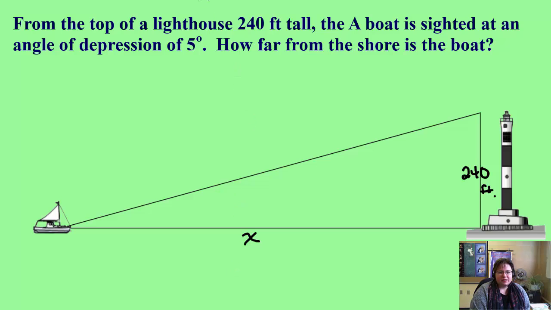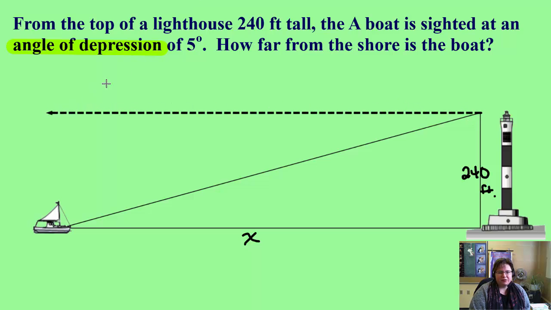Now, the key thing in this is angle of depression. An angle of depression is always measured straight out from your object. So straight out at a horizontal and looking down. So you have to remember that it's straight out and looking down.